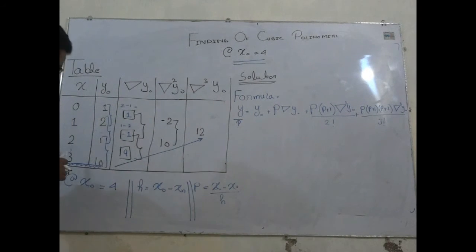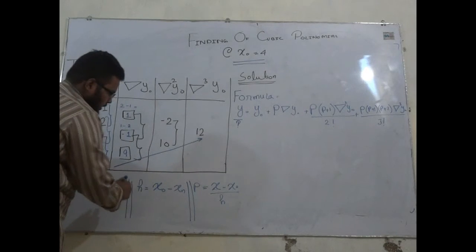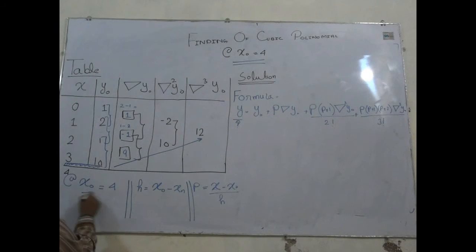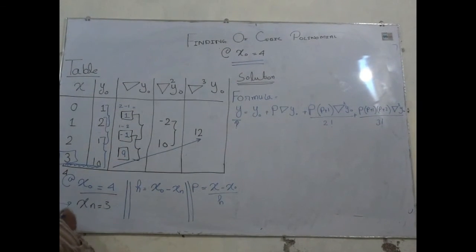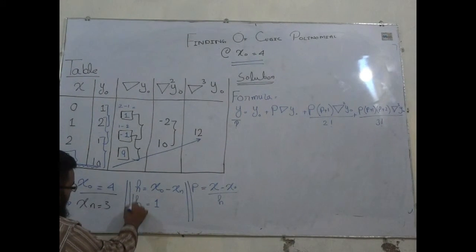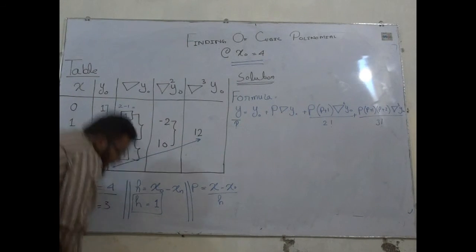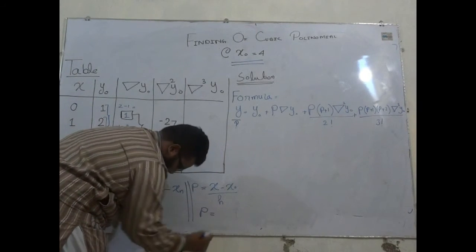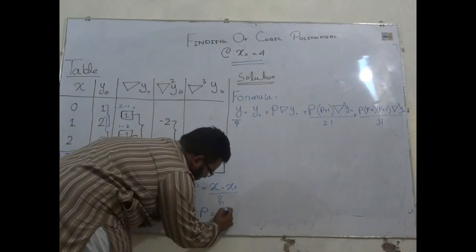Okay, so x naught is equal to 4, and h is equal to 1. Here x naught is 4 and xn is equal to 3. Okay, so h is equal to 1, and as we get the values of both x and xn, p also is equal to 1.